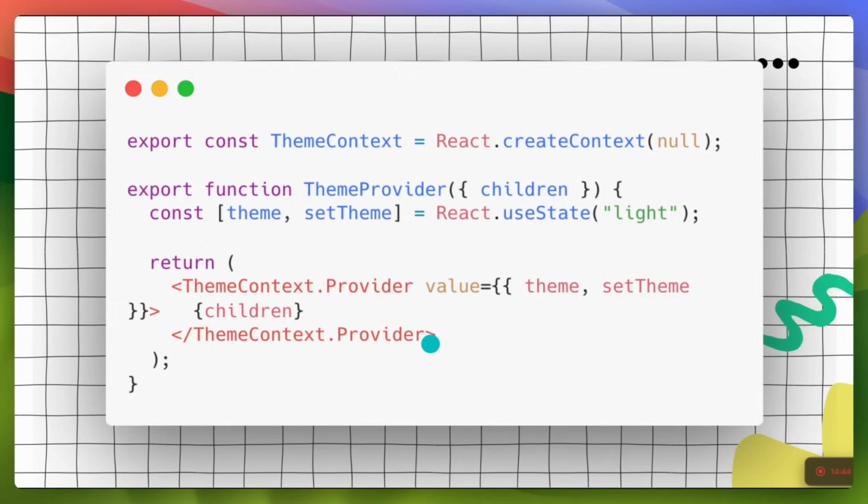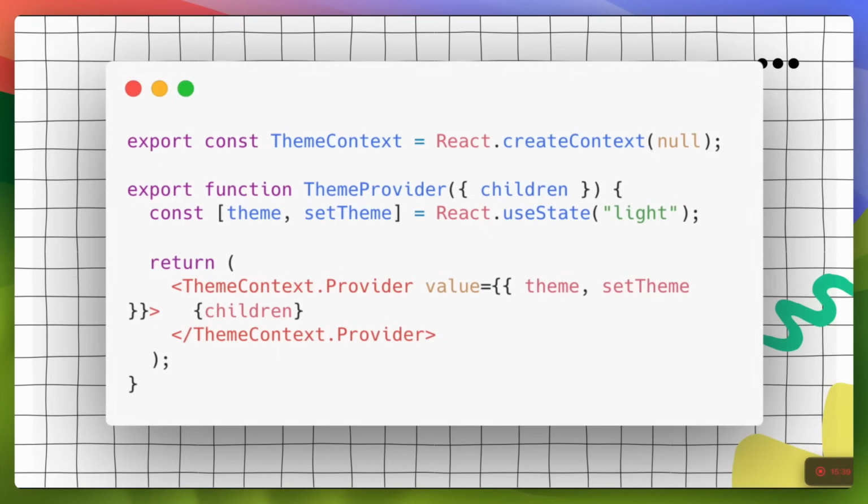Now the theme context provider gives the children, whatever they may be, access to some value. In this case, the value is the state, theme and setTheme variables.